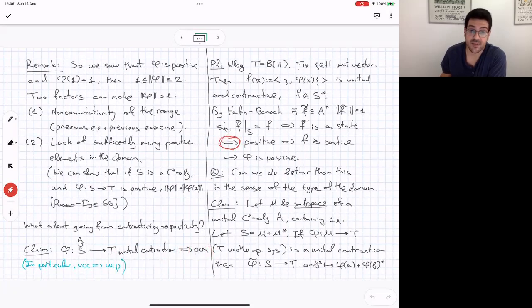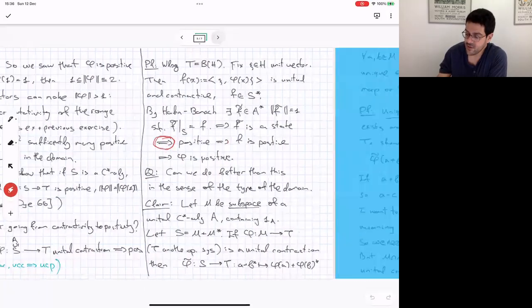In general, the converse is not true. There are positive maps that are not contractions. The worst thing that can happen is that they can get norm 2, right? But if they are UCC, unital completely contractive, then they are unital completely positive because of this theorem.